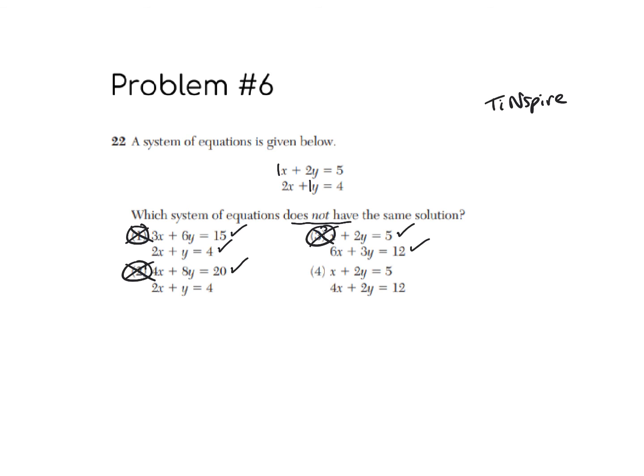Let's hope the last one doesn't. So this one has not been touched. And then your last one, it looks like they multiplied the first term by 2. They multiplied the second term by 2. But the third term, they multiplied by 3. So this one is not a pure situation. It's not the same. So this one would not have the same solution.